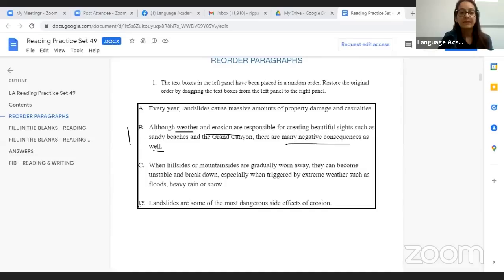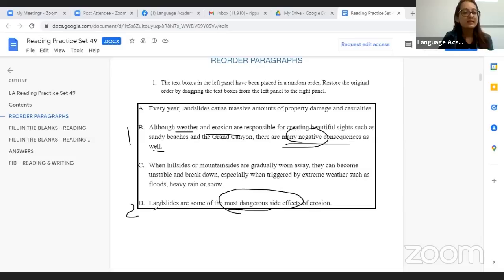Then you say landslides are some of the most dangerous side effects. First you said there are many, and then you are just picking up the most dangerous one. This is very narrow compared to the first sentence, because many will include all of them: dangerous, most dangerous, non-dangerous, 10% dangerous, right? So many is much broader than only picking up the most dangerous ones. So that was one pair.